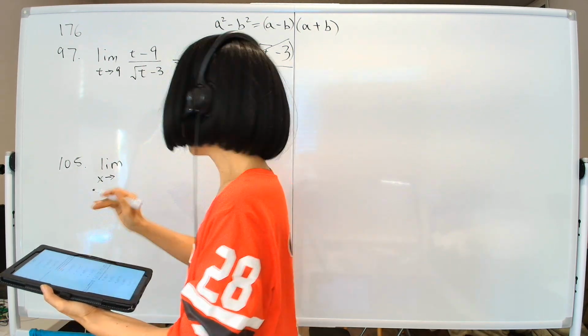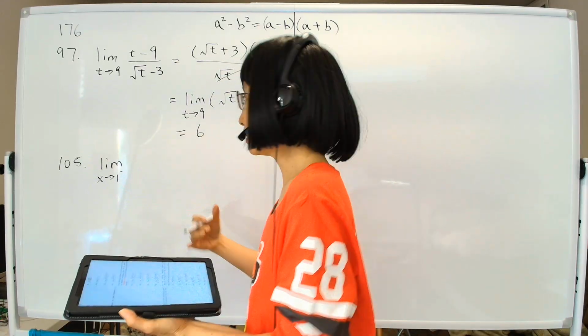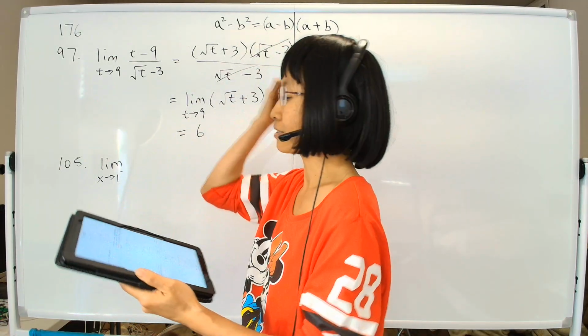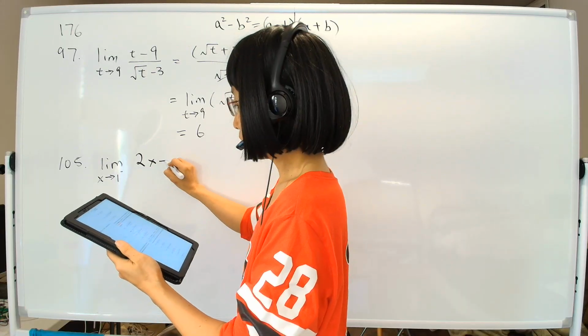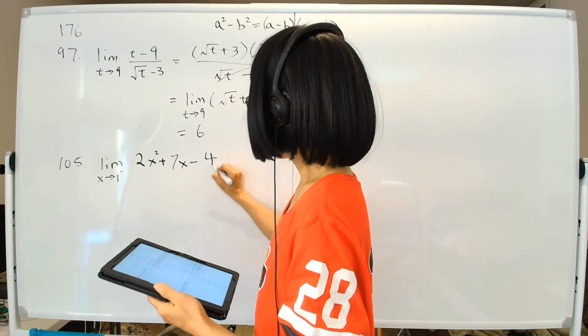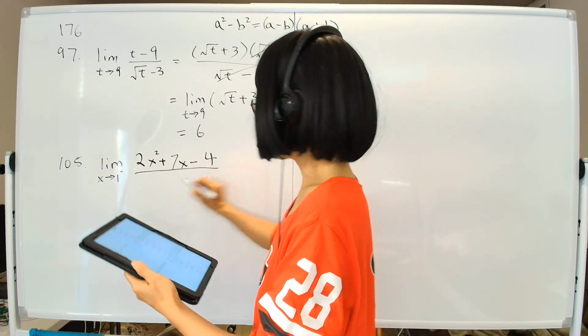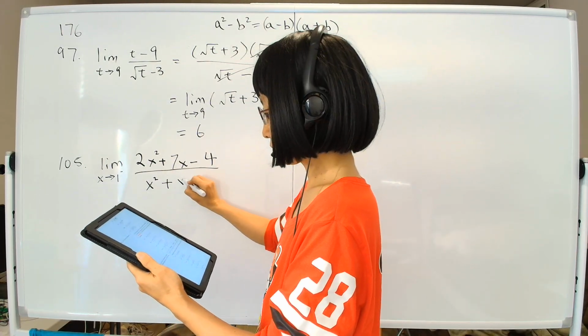In this case, it is 1. x approaches 1 from the negative side, or the left side, the lesser side, of 2x squared plus 7x minus 4, divided by x squared plus x minus 2.